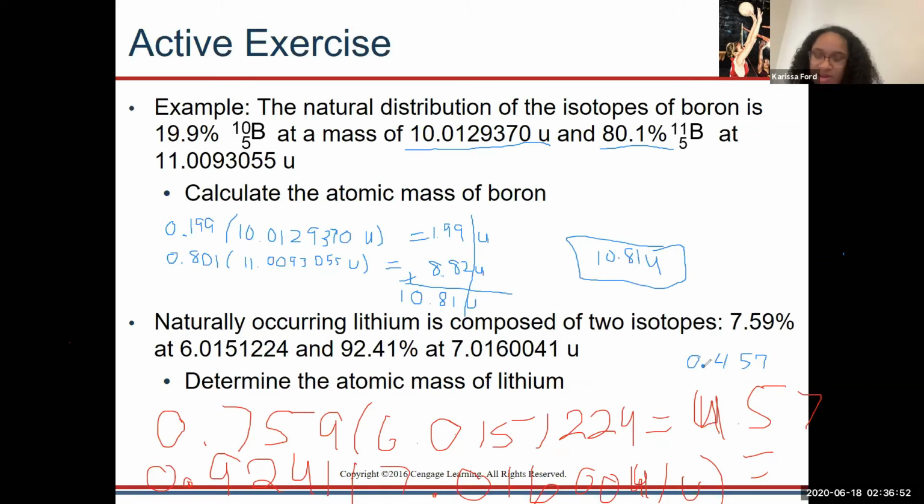And then we're going to go 1 times 7 1 6 0 0 0 1, 6.483. And then add those two together. Yeah, add 4.57 and 6.483 together.